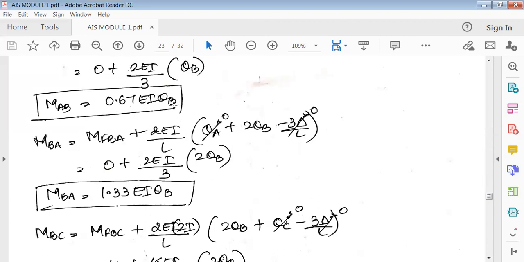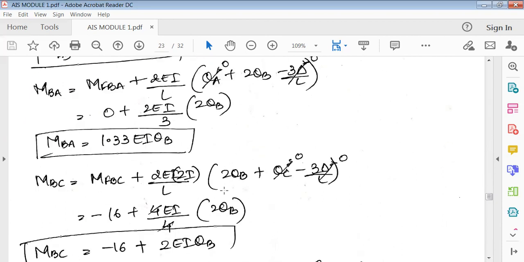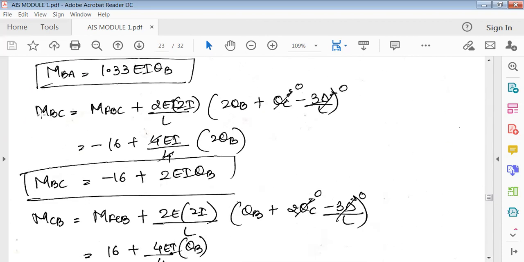Then MBA is equal to MFBA, again the same thing, 2EI by L, then theta A plus 2 theta B minus 3 delta by L. So this is now 1.33 EI theta B. Equation number 2. Next, MBC is equal to MFBC plus 2EI.